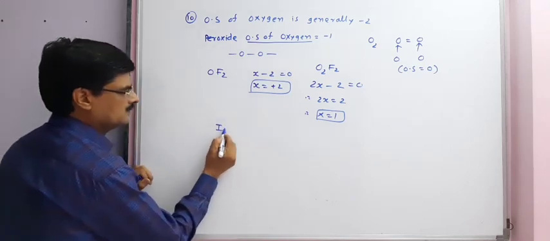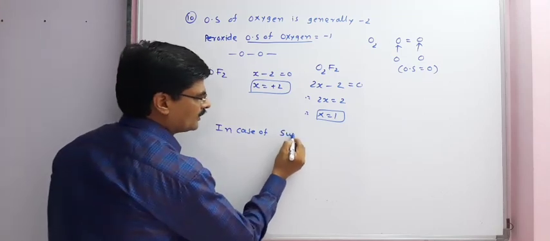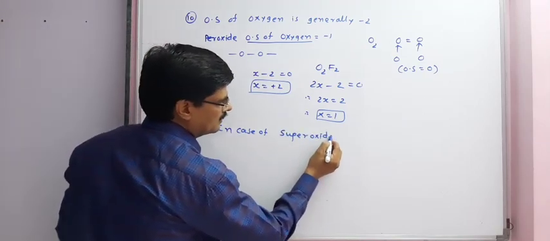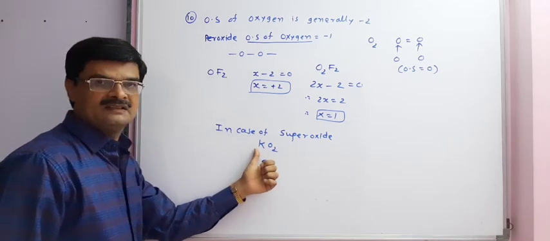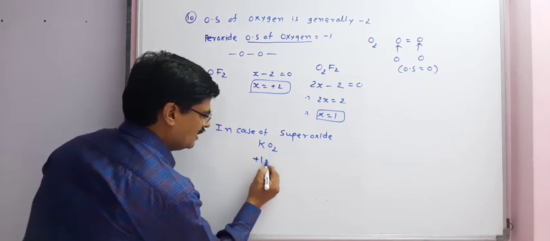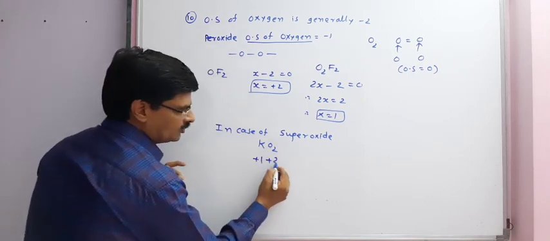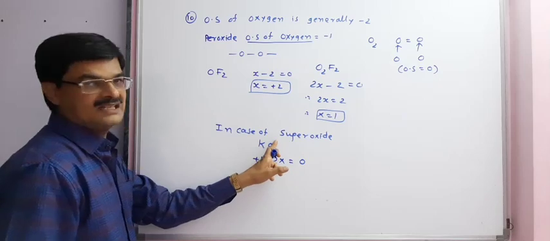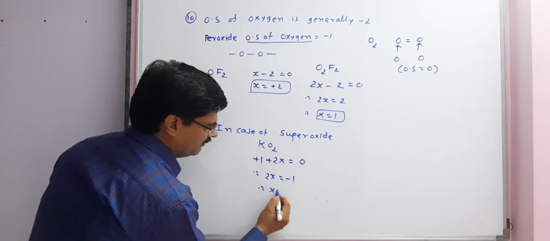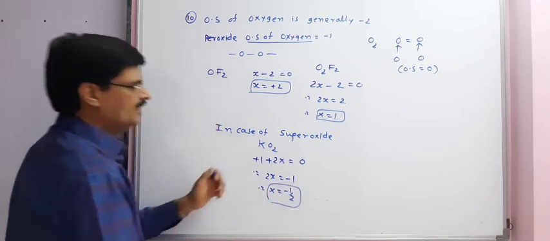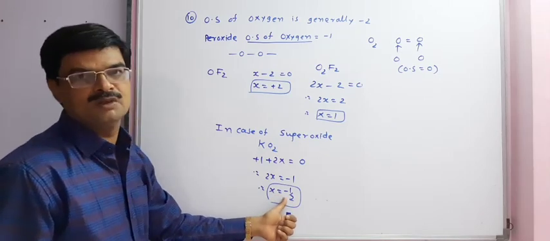In case of superoxide like KO2, taking K oxidation state to be +1, we find the oxidation state of oxygen as X. We get 2X + 1 = 0, since the overall charge is nothing. Therefore 2X = -1, so X = -1/2. So in the case of superoxide, the oxidation state of oxygen is -1/2 also.